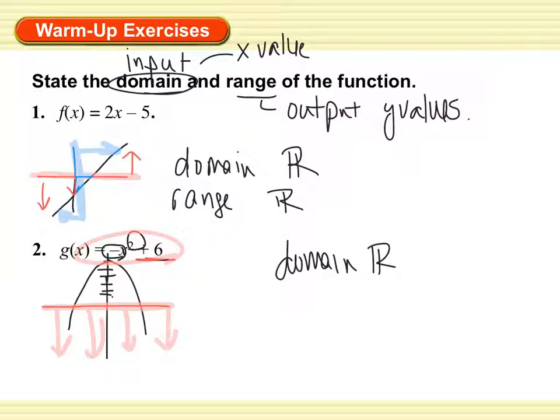But my range will never be above the parabola, the happy part or the sad part. So my range is going to be y values less than or equal to 6.